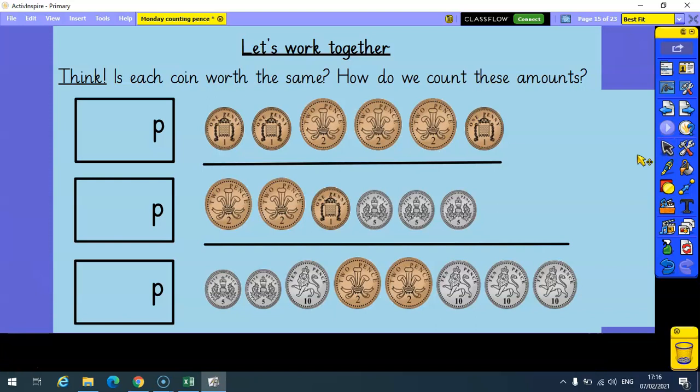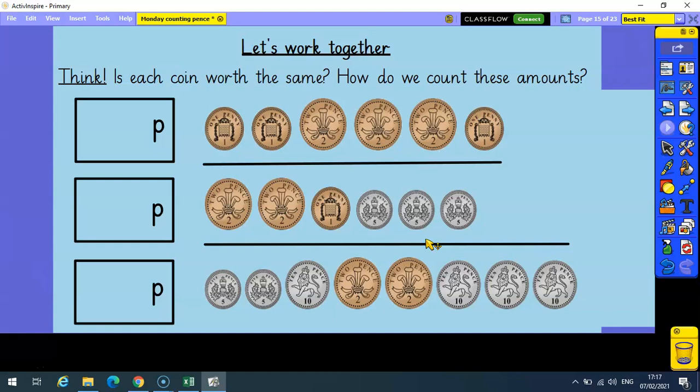I'm going to have to look really carefully to see what the value is of the coins that I am counting. And what's easiest to do is count all of the coins that look the same at the same time. That's a trick for you there.